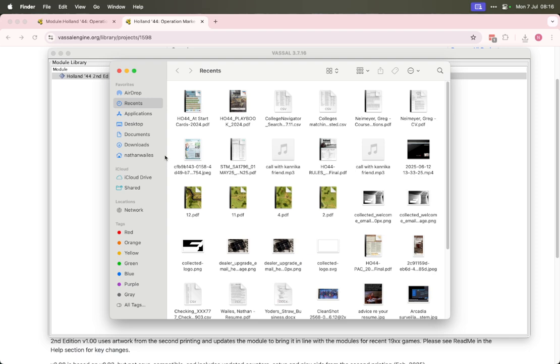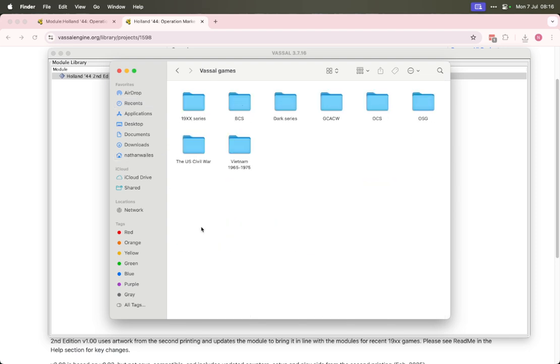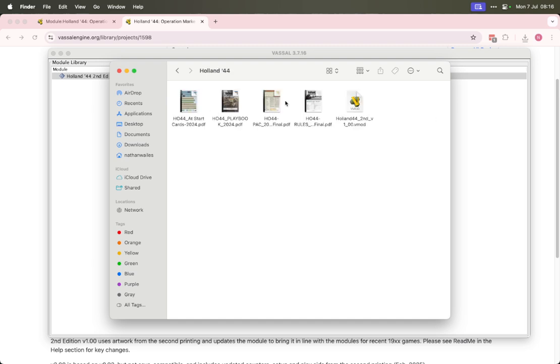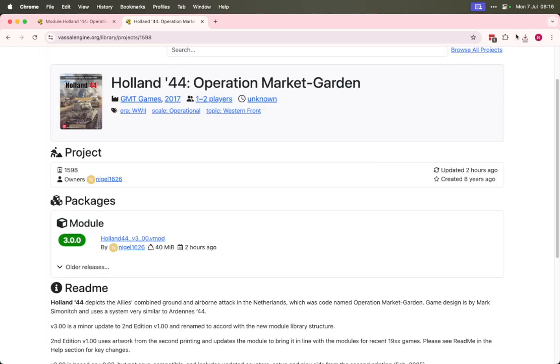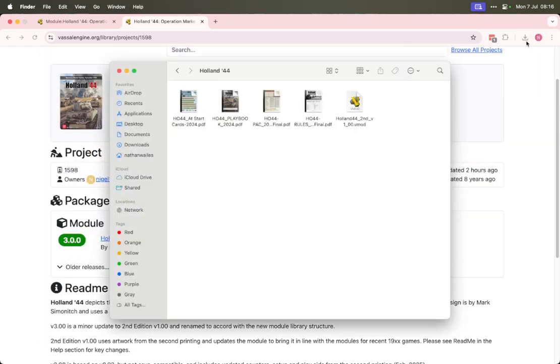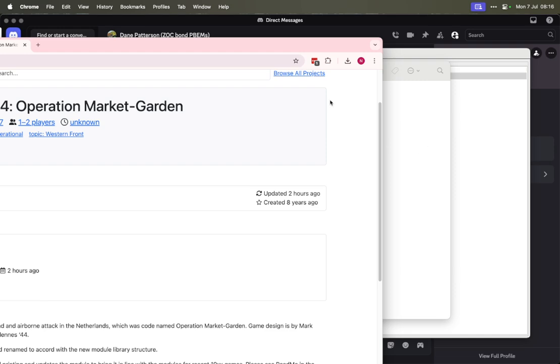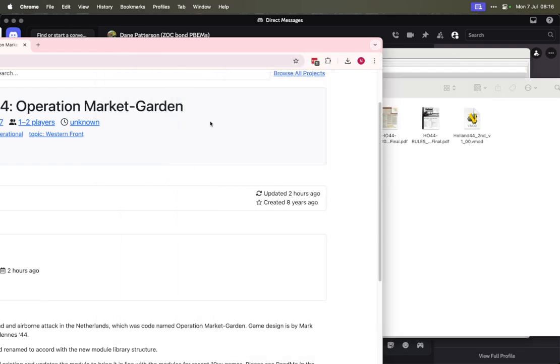Okay. So we're going to go here, Vassal Games, Holland 44, and we're going to drag this in here.